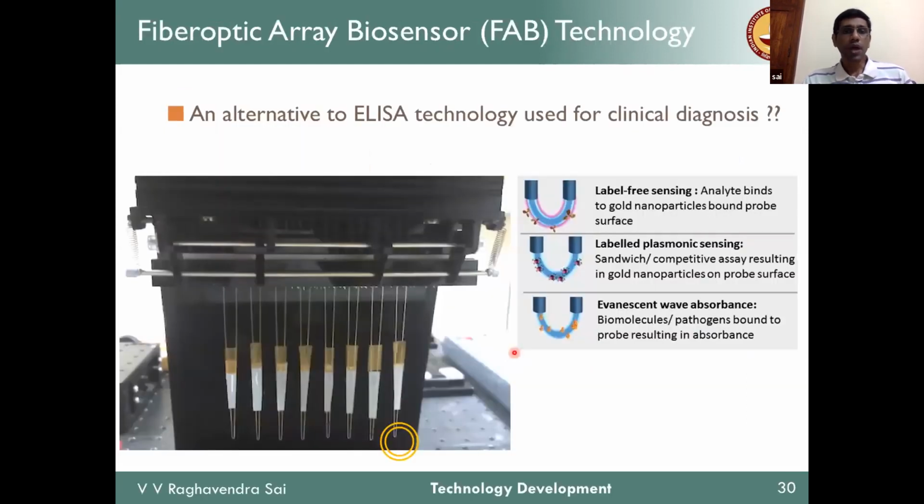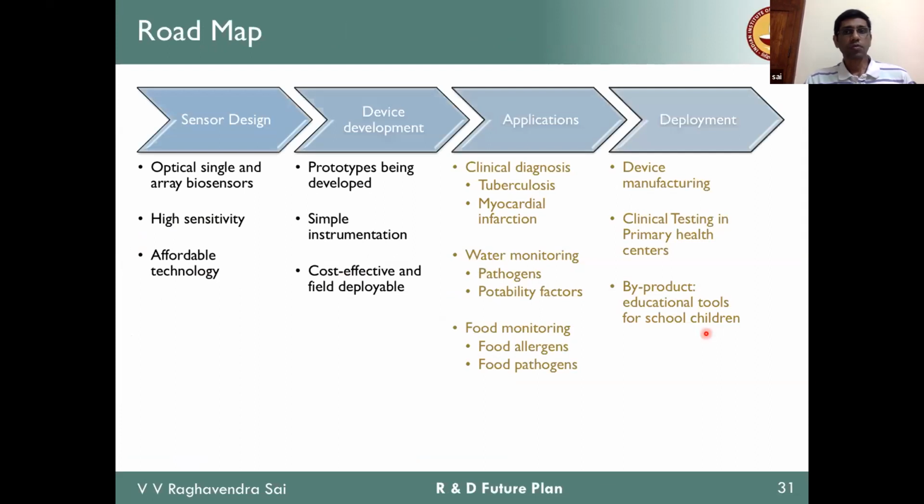What you can do with this is label-free sensing, labeled plasmonic sensing, as well as evanescent wave absorbance sensing, where you can detect biomolecules or bacteria that have absorption, for example, at 280 nanometers. Currently we are focusing on TB.